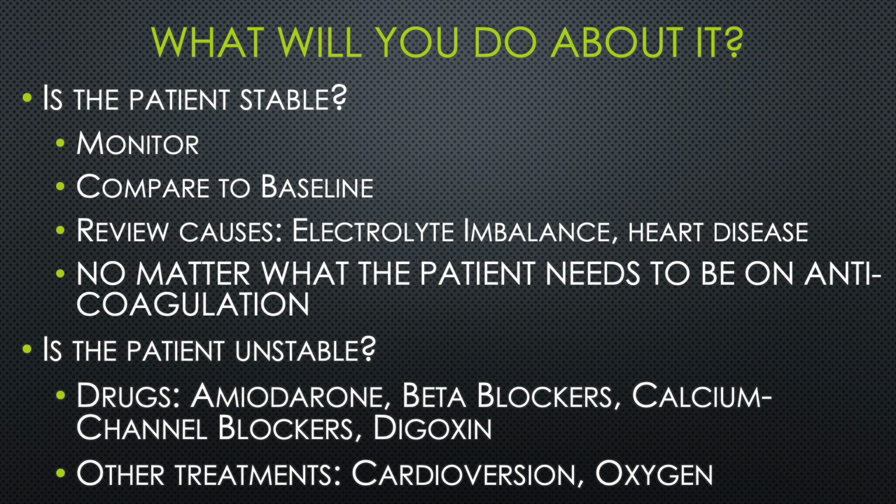Think about possibilities like electrolyte imbalances or heart disease, and make sure that they're on anticoagulation. If they're unstable, we'll do our ABCDs. Maybe think about some cardioversion and oxygen to make sure that we can get them back to normal tissue perfusion. Remember, it's all about getting oxygen to your tissues.